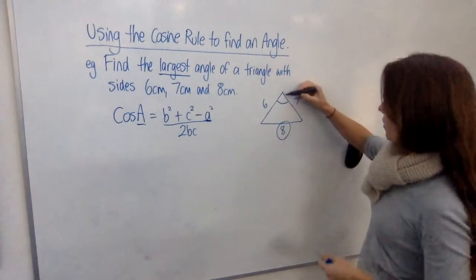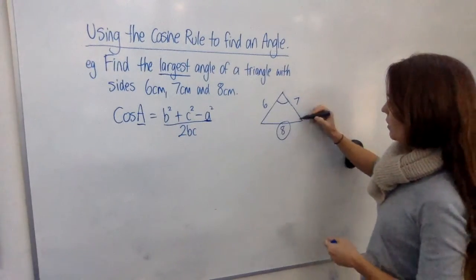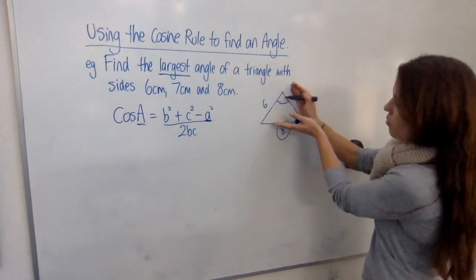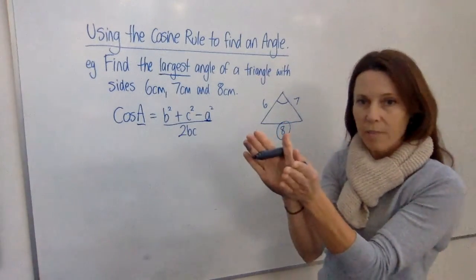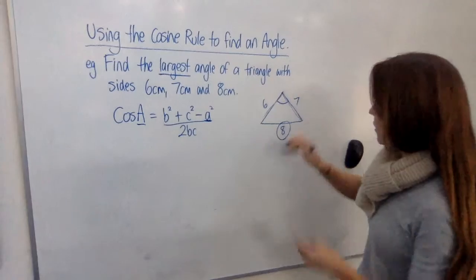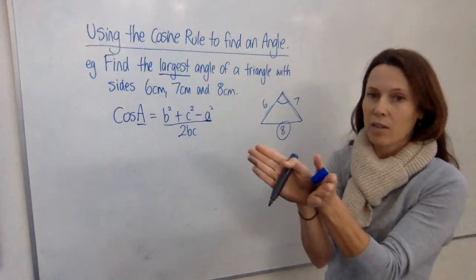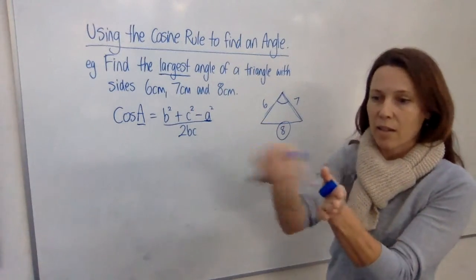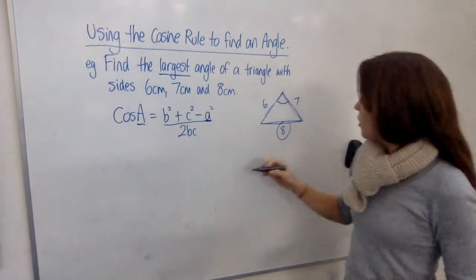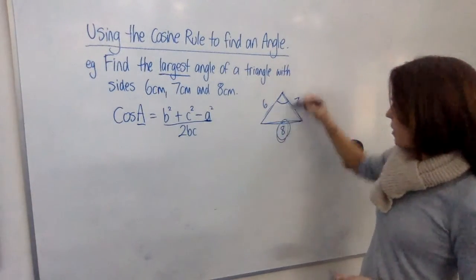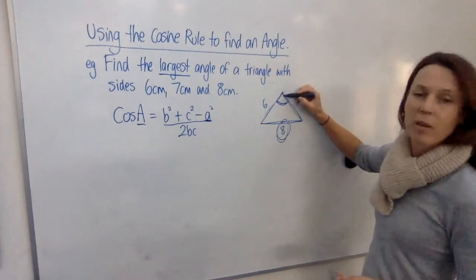So if you imagine these jaws here, the 7 and the 8, they don't have to open very wide at all because they're only opening wide enough to make room for this side of 6. Whereas these jaws here have to open up wider so that the ends of their lines can make room for a side of 8. Does that make sense? So if you know the biggest side is here, then this is the biggest angle. This is the one we're after.